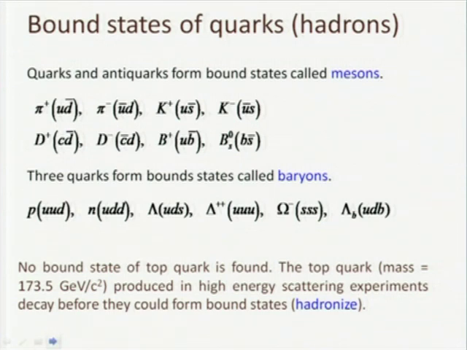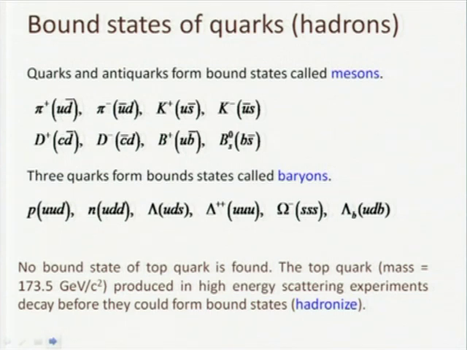There are no bound states of top quark found. All other quarks u, d, s, c, b, all these 5 quarks are found to form bound states of different masses, different properties, etc.